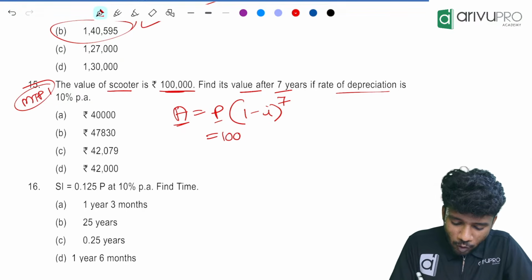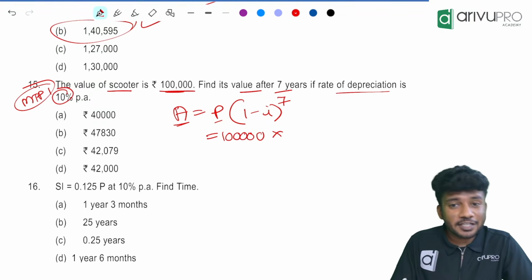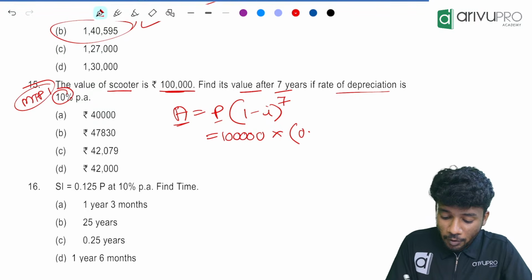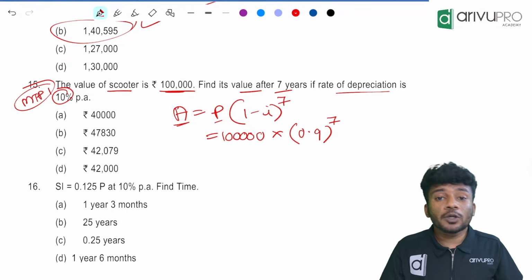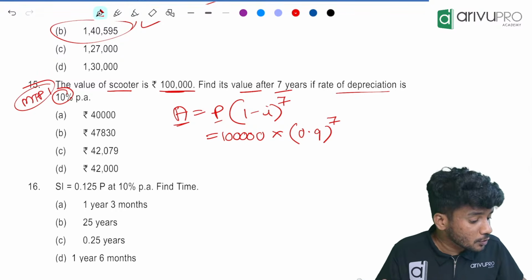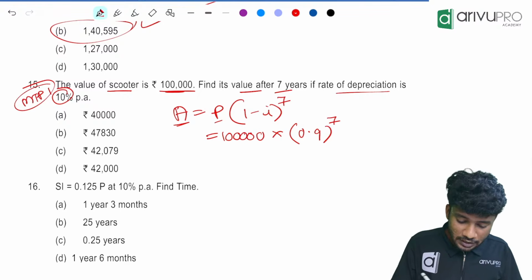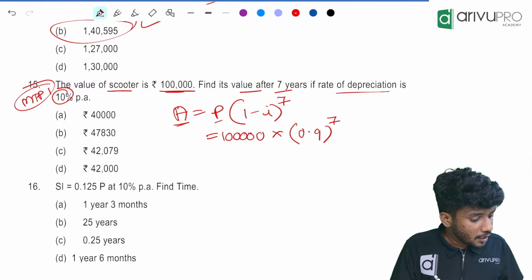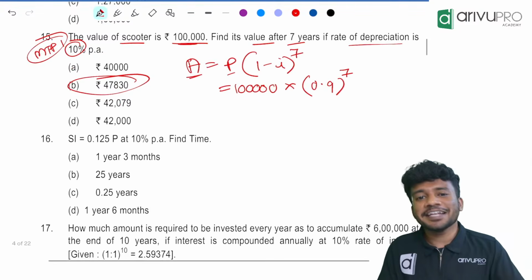That is 1 lakh into 1 minus I, at 10%, 1 minus 10% is 0.9, the whole power 7. Take your calculator. 0.9 into equal to, how many times? 6 times. 1, 2, 3, 4, 5, 6. Then multiply it with 1 lakh, which will give you 47,829 something, but rounded off you can go for option B.